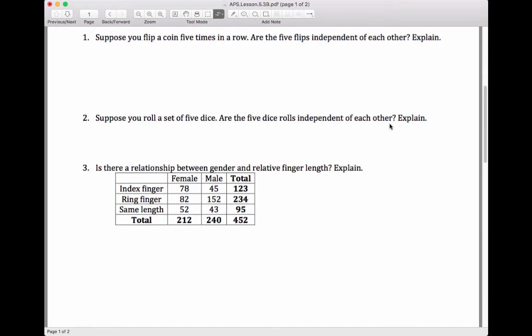So what about coin flips? If you flip a coin 5 times in a row, are those independent? And I think I already mentioned that. Yes, they are.